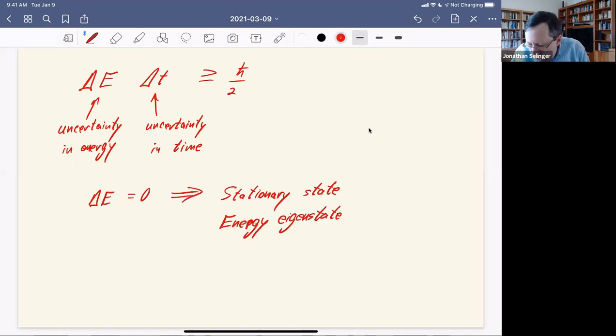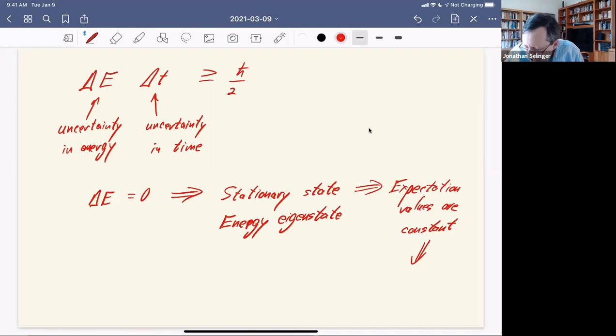And these are states where no expectation values are changing in time. The expectation values are constant. And because the expectation values are constant, nothing happens at any particular time.